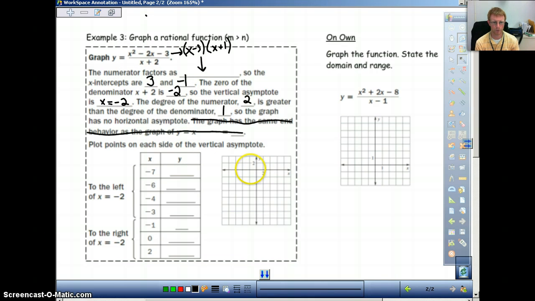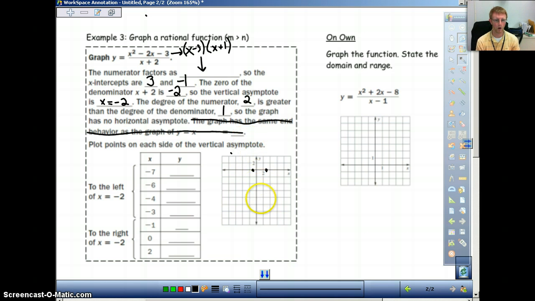X-intercepts, plot negative 3. So these are going by 2's. So negative 3 is right here. I'm sorry, messed that one up. Positive 3 is right here. And negative 1 is right here. Okay, so those are our x-intercepts.